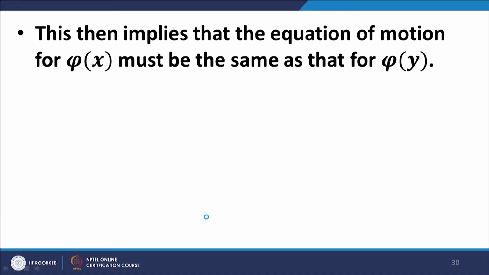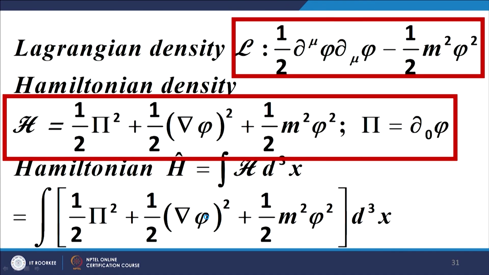Bob denotes the field by phi y. Then both Alice and Bob agree on the value of the field, that is phi x is equal to phi y at every space time point. So, that is the meaning of a scalar field. Therefore, the equations of motion for phi x and those for phi y will be the same.